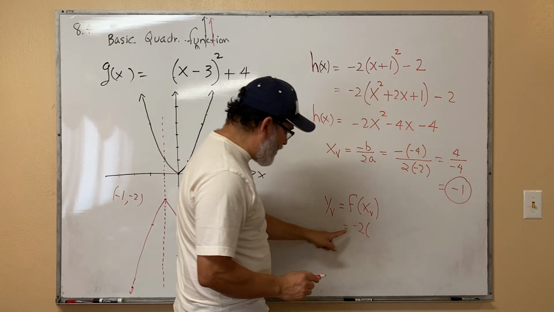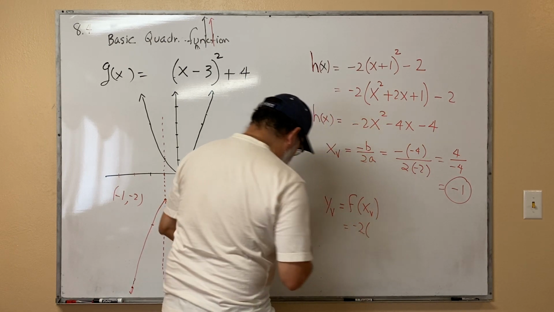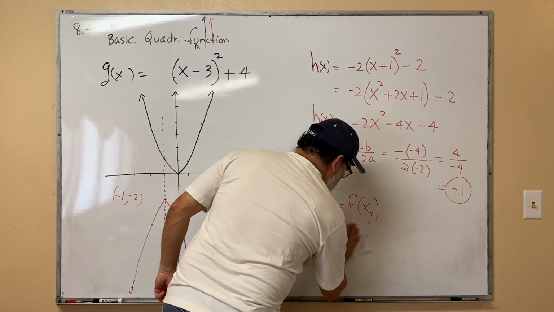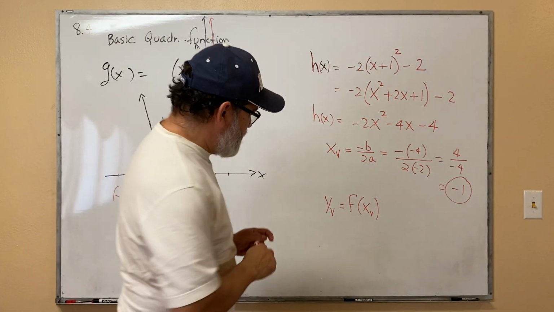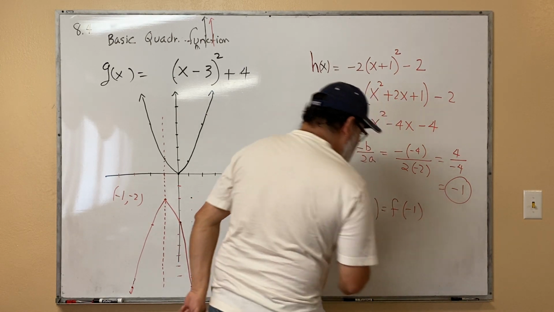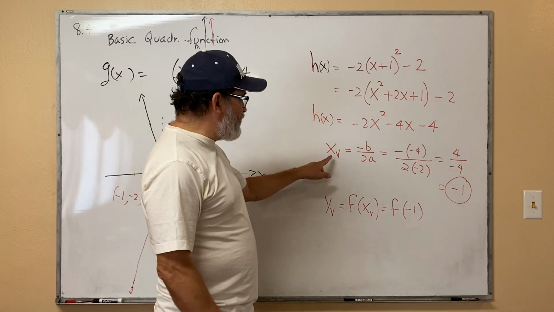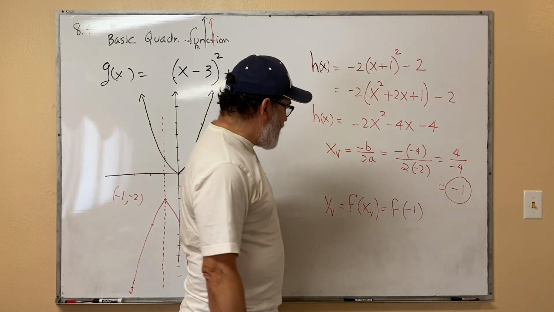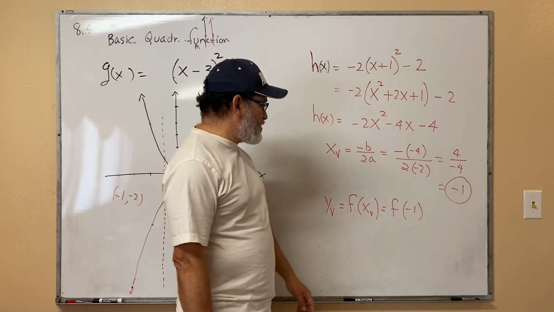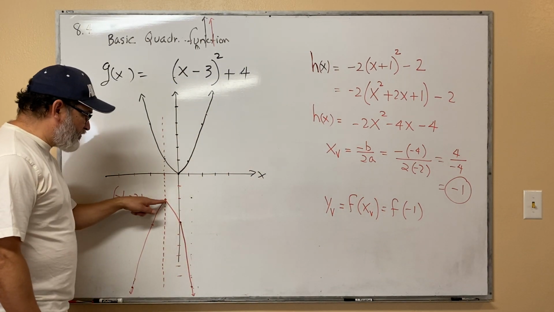X is -1, okay? Let me say it like this instead. This equals f of -1. So you guys understand what I'm doing. Because I found out that this is -1, I'm going to take that -1 and plug it into the function, okay? Once I plug it into the function, I get the y value of the vertex.